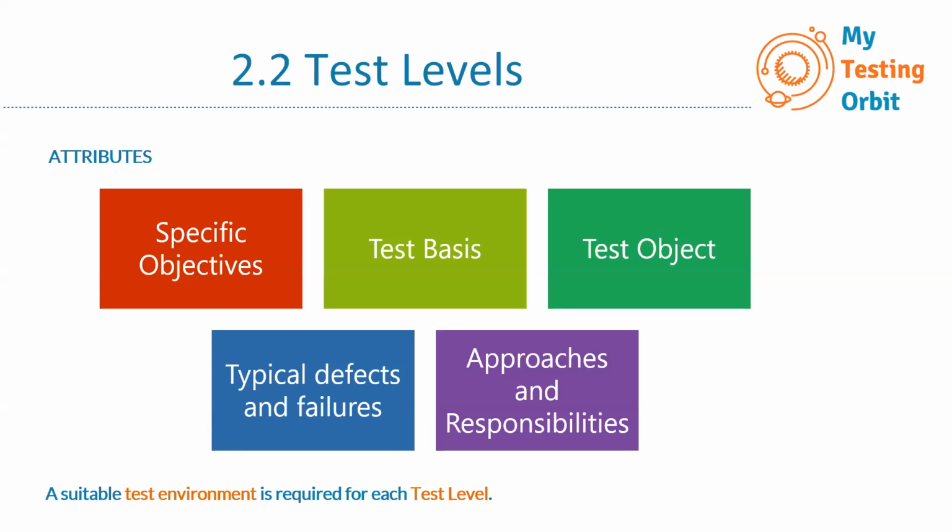Fourth is typical defects and failures, that is, what kind of defects and failures we should expect at that test level. The last is approaches and responsibilities: who is responsible for testing at that test level, and what are the main approaches. These are the five main attributes we will go through for each test level.